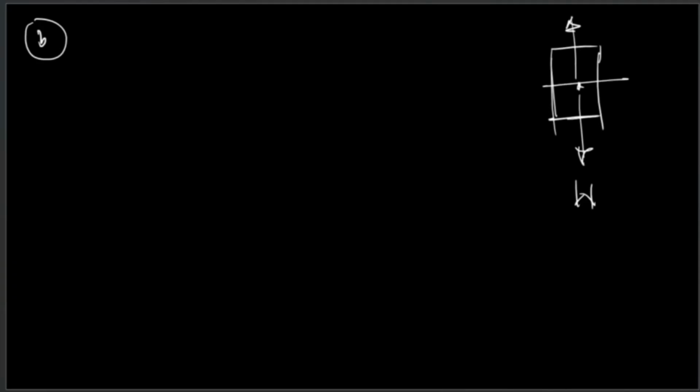With the upward movement, which is the B part, we're going to sketch that diagram again. With the upward movement, this is the weight, this is the CG, and then we have the force exerted.